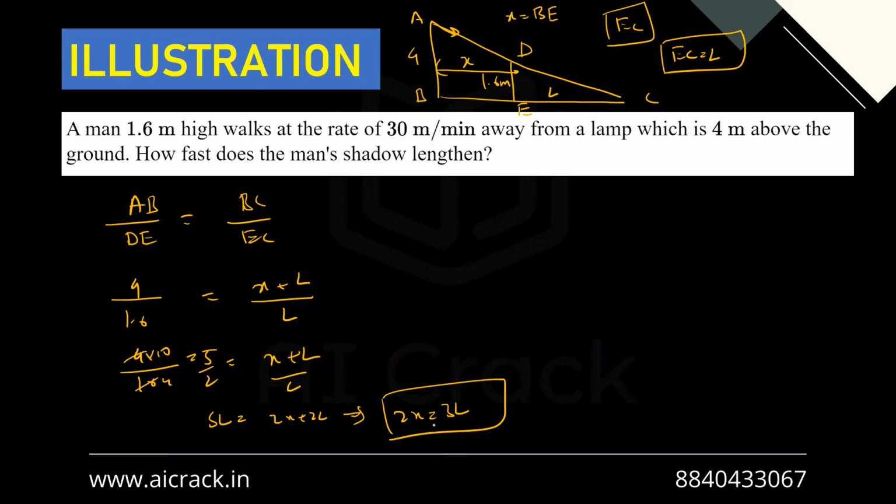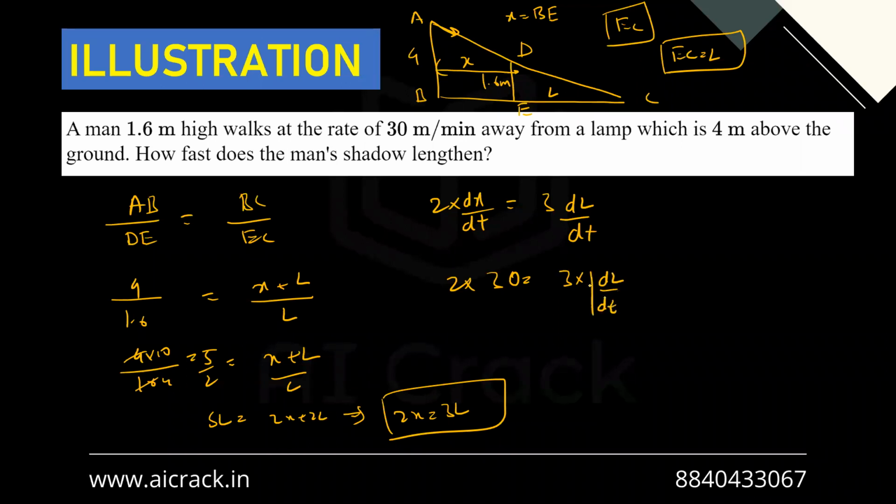This is our equation. Now we can see that X and L are linearly related. Now let's differentiate both of these with respect to time, t, so that we can use this particular speed. That would give me 2 times dx by dt equals 3 times dl by dt, right? Now dx by dt is nothing but 30 meter per minute. 2 into 30 equals 3 times dl by dt.